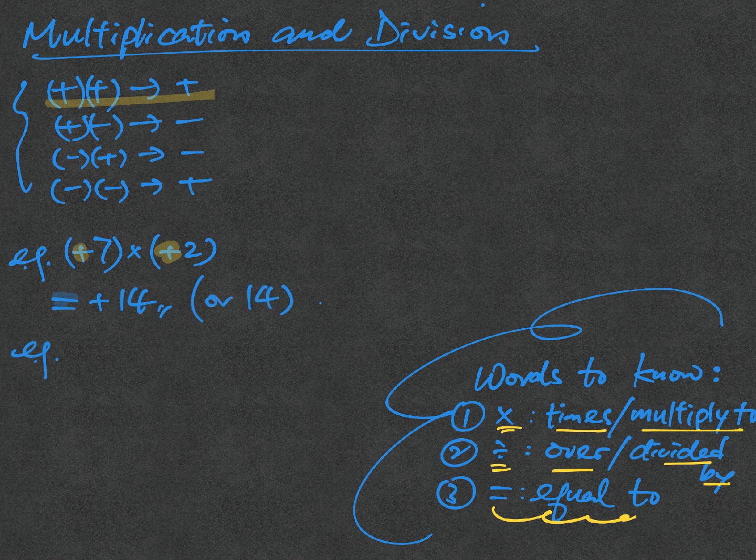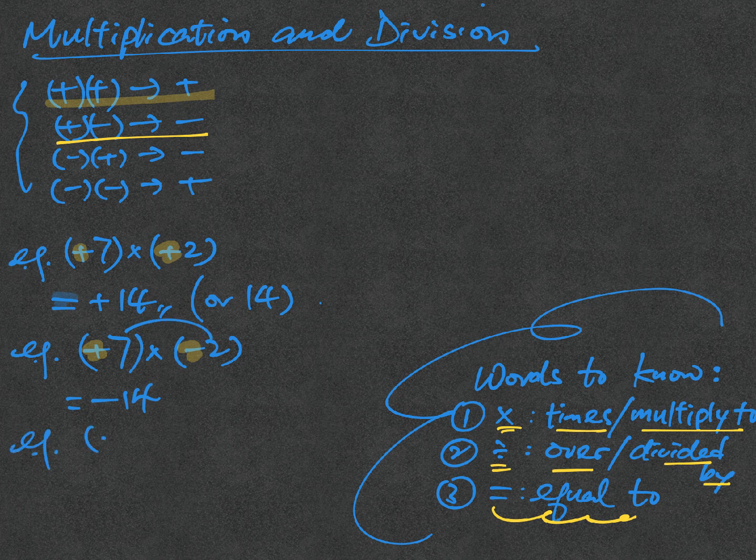Second one, when we have plus 7 multiplied by negative 2, you have plus and minus multiplied together, so the outcome should be negative, according to rule number 2, which gives you negative 14, because you multiply 7 and 2.